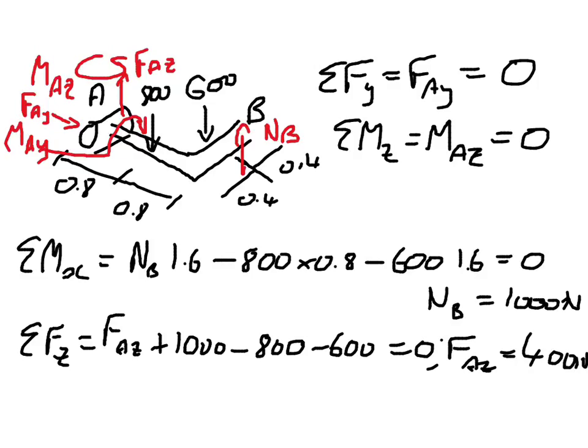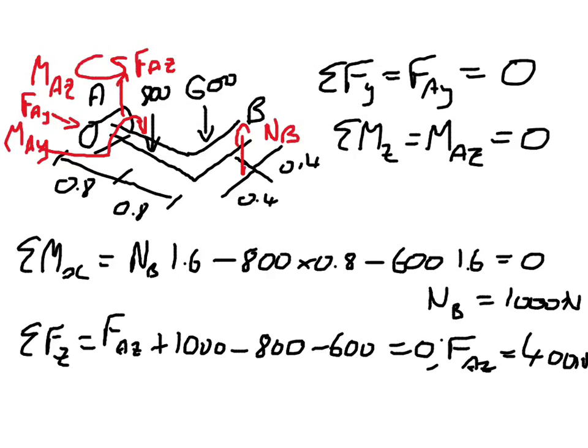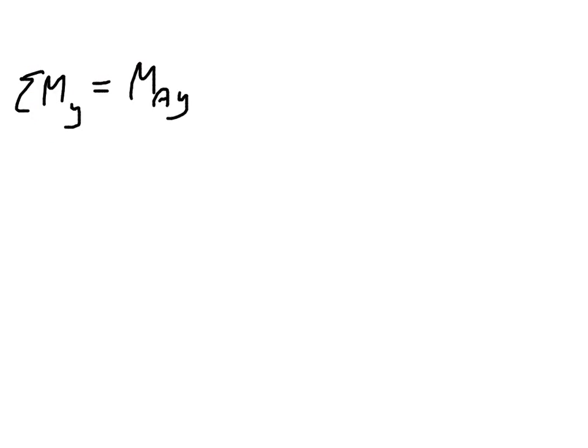And the final one, I'm just going to have to skip to the next page. The sum of my moments about the Y-axis is going to equal a moment at A about the Y-axis. I'm going to have 600 newtons acting downwards, 0.4 metres from the Y-axis, because my Y-axis is just here. So 600 newtons is acting 0.4 metres away, and it's going to try and turn it clockwise, so it's negative.